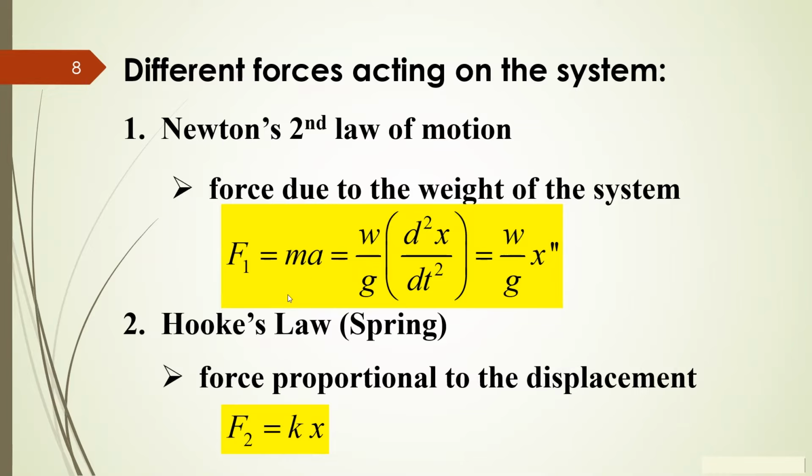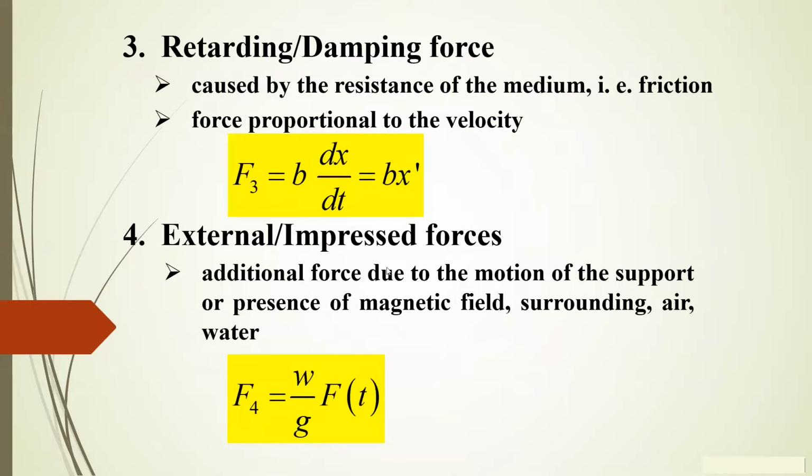And then second is the force due to Hooke's law, or due to the spring. So that means force proportional to the displacement is F2 equals Kx. You've seen this one earlier, where K is the Hooke's law proportionality constant for the spring. And then F3 will be the retarding or damping force.